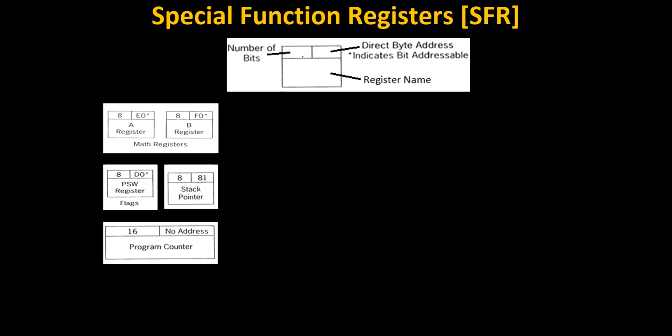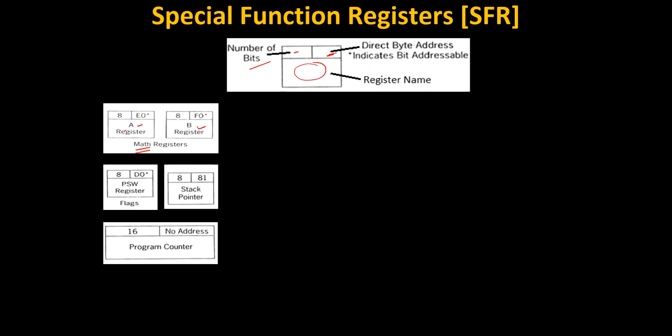See, this is the diagram. This part we can say is the number of bits, whether it is 8-bit or 16-bit, and this gives the address of that register, and this area mentions the name of the register. So we call it the math register, probably used for multiplication and division. So we have the A and B registers. We call them the A register and B register.